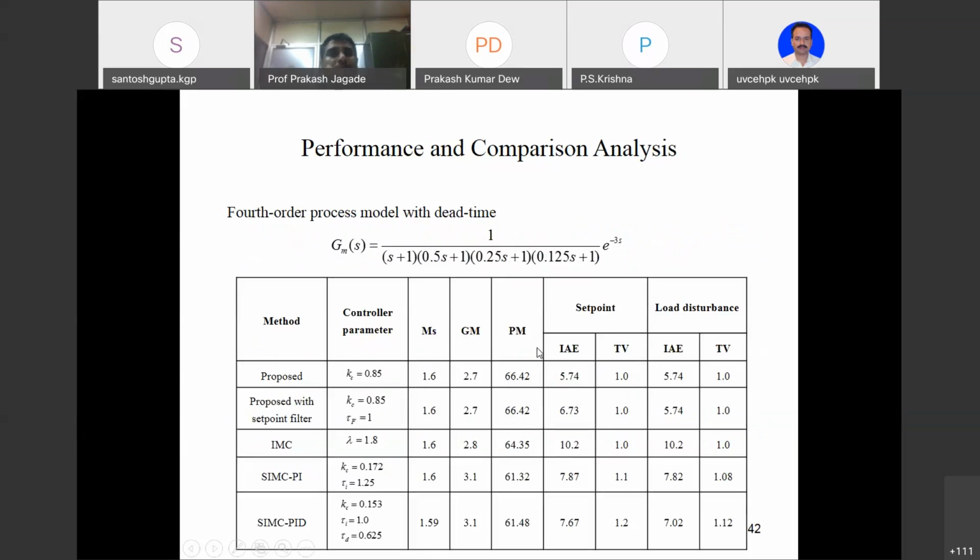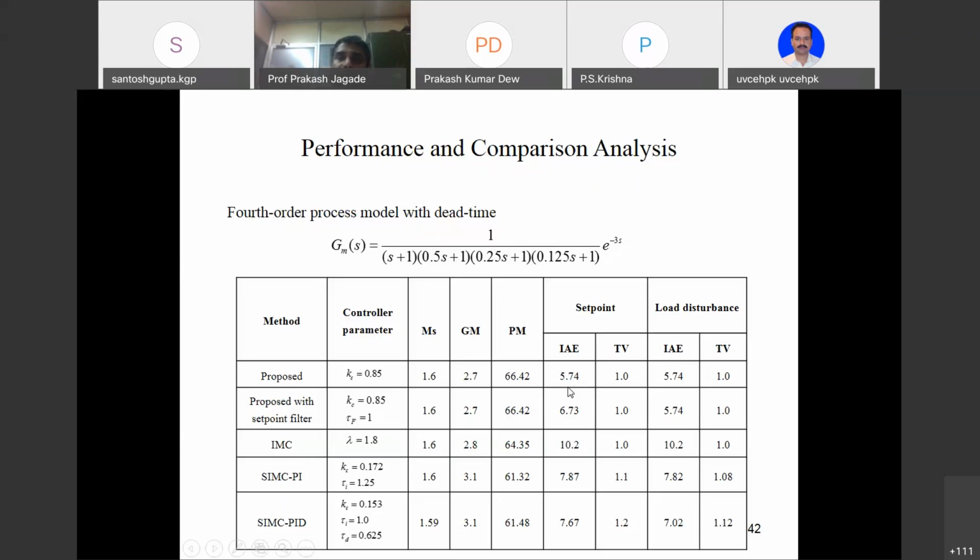You can see the performance of our proposed controller and various other controllers available in the literature were compared. We have compared IMC, SIMS PI, SIMS PID, and the proposed controller with set point filter, for both set point variation as well as load variation. You can see here the IAE value of our controller, the integral absolute error, which is the performance metric we have chosen, is less compared to other control schemes.